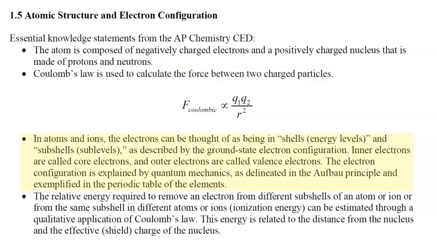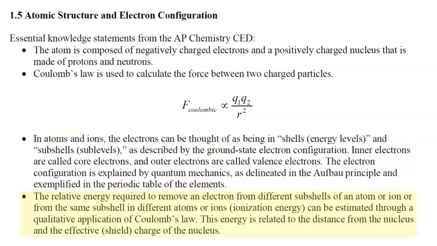The next essential knowledge statement says, in atoms and ions, the electrons can be thought of as being in shells, or energy levels, and subshells, or sublevels, as described by the ground state electron configuration. Inner electrons are called core electrons, and outer electrons are called valence electrons. The electron configuration is explained by quantum mechanics as delineated in the Aufbau principle and exemplified in the periodic table of the elements.